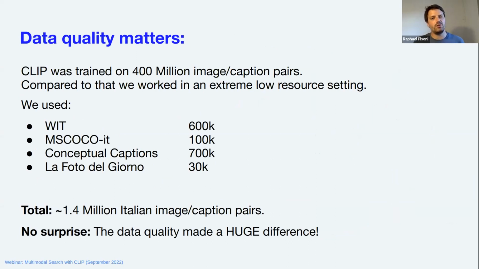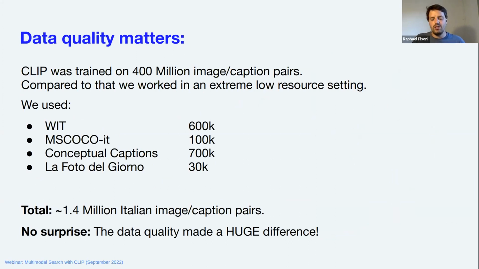Then regarding the data quality, so the original CLIP was trained on 400 million image caption pairs. And compared to that, we worked in an extreme low resource setting, because we were never gonna have that amount of data for the Italian language. So first we used the Wikipedia image and text dataset for the Italian portion of Wikipedia.